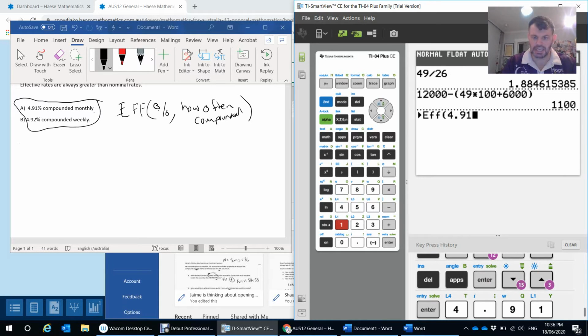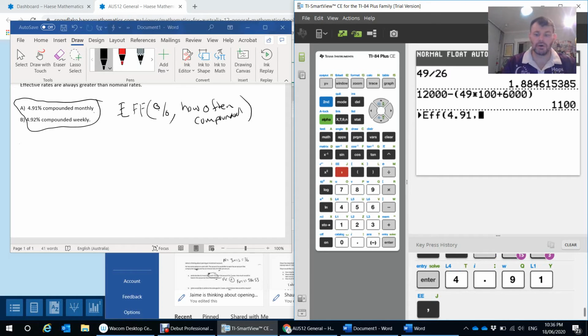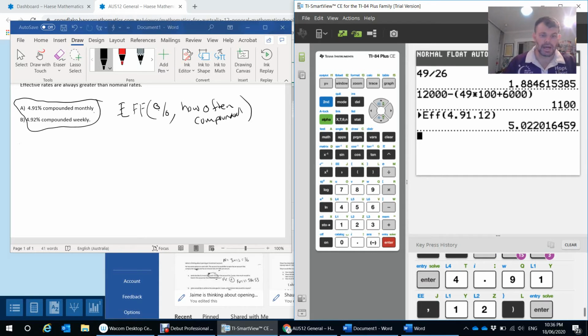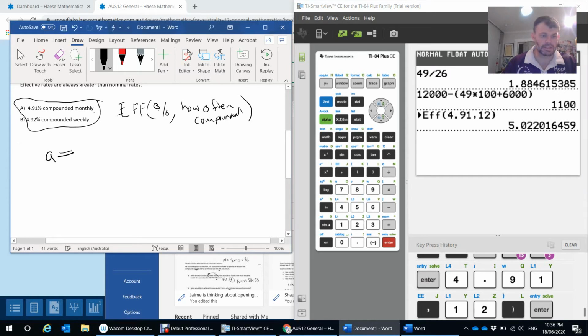There's a comma just here underneath the sign next to the squared. And then we put in how often it's compounded. In this case, it's 12. We then press enter, and we get the answer of part A. Part A is going to equal 5.022%, which is not bad. It goes up, not too much, but it does go up.